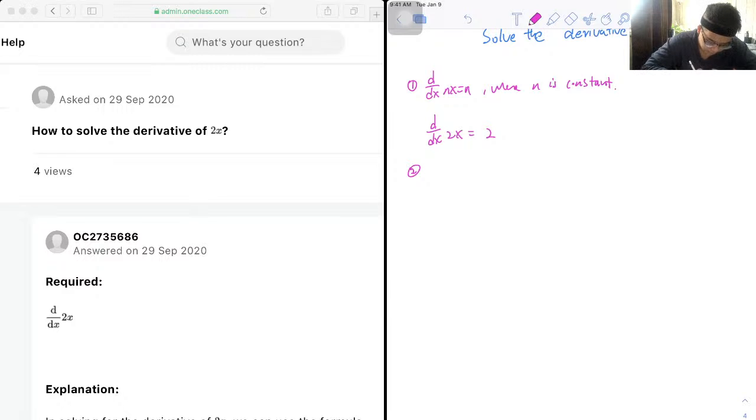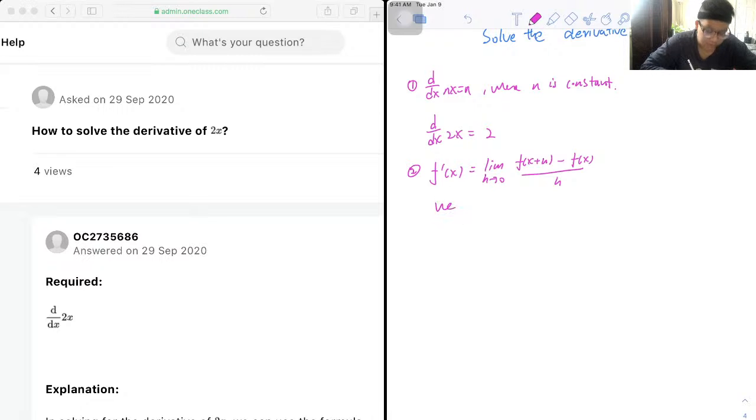And if I want to solve this by the limit definition, let's first copy down the formula. The derivative of f(x) is equal to the limit as h approaches 0 of f(x+h) minus f(x) over h, right?